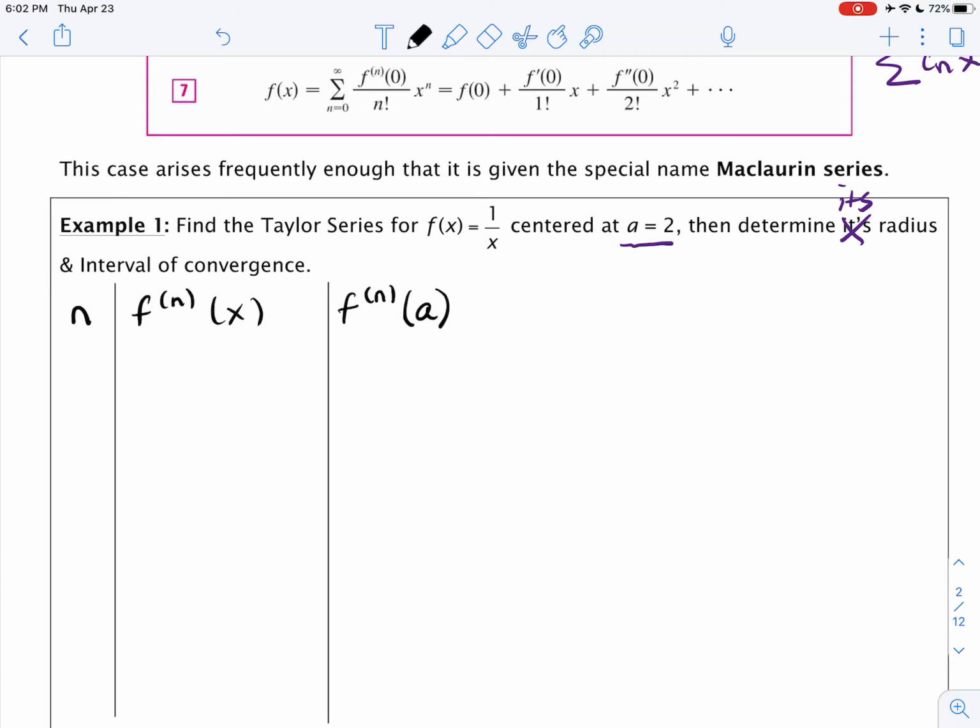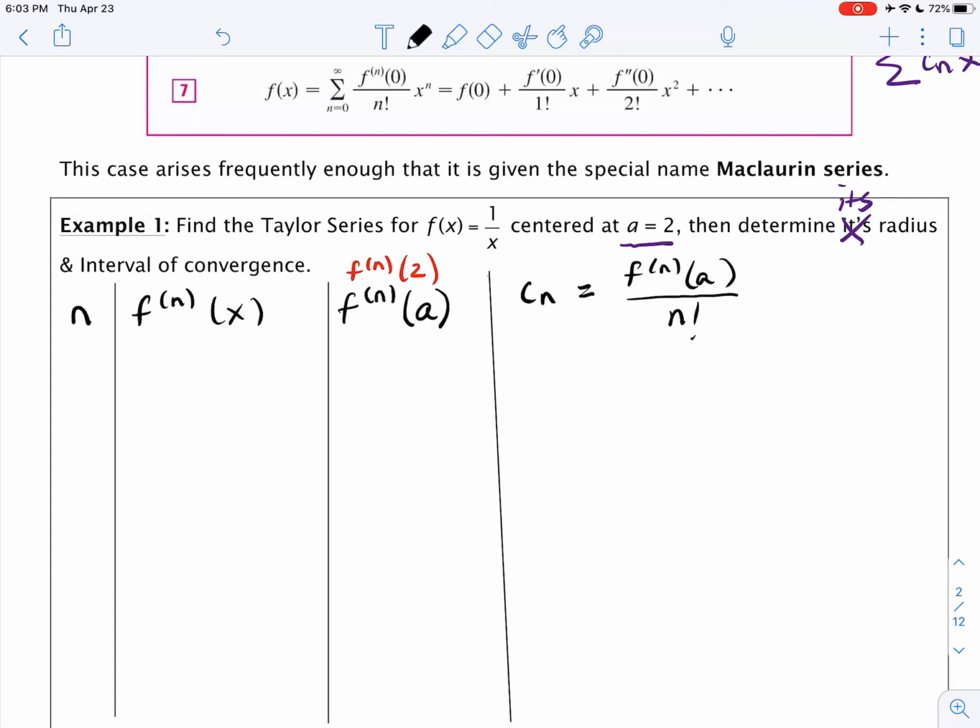And then I will calculate the nth derivative evaluated at a, and in this case, we're doing the nth derivative evaluated at 2. And then I build my c sub n, and my c sub n is going to be the nth derivative evaluated at a over n factorial.